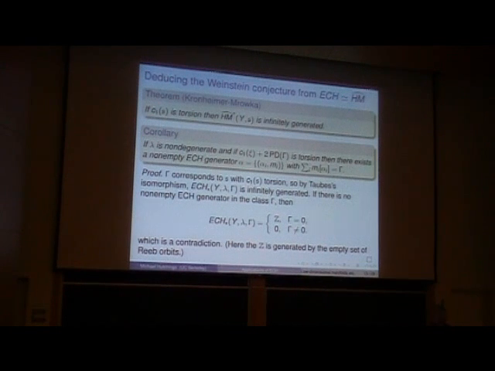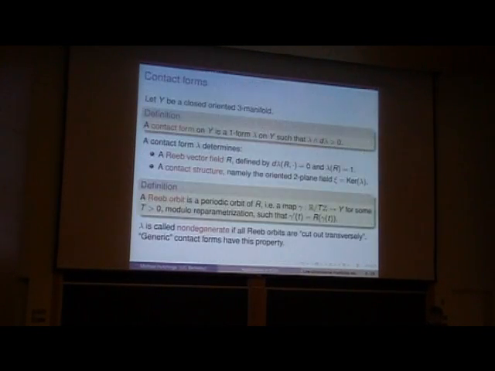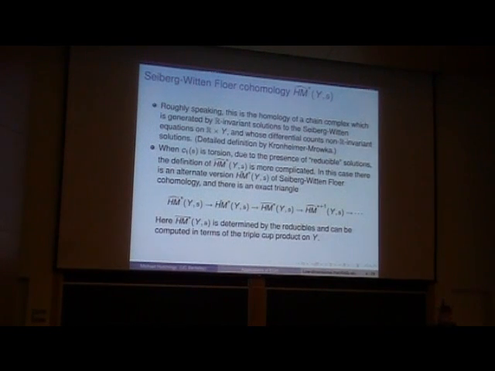So Kronheimer and Mrowka proved that if you have a torsion spin-c structure, then this Seiberg-Witten Floer cohomology is always infinitely generated. And the proof of that, pardon me for skipping here, uses this exact triangle which I wrote down before. When s is torsion, these things are all Z-graded. And this one can be computed classically, and they prove that it is infinitely generated.